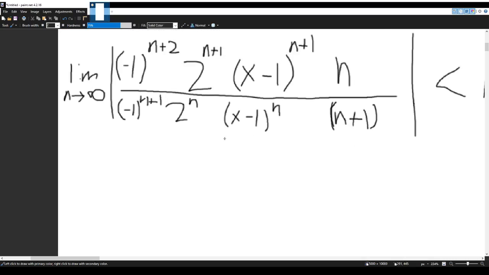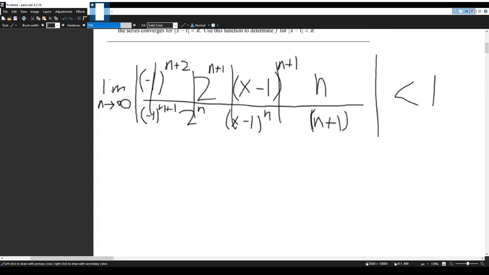All right, so now we can kind of just go along and see how these four things all interact with each other. So negative 1 to some power divided by negative 1 to that same power minus 1, basically. Well, let's say this ends up being even. That means that this ends up being 1, and then this ends up being odd, which means this is negative 1.